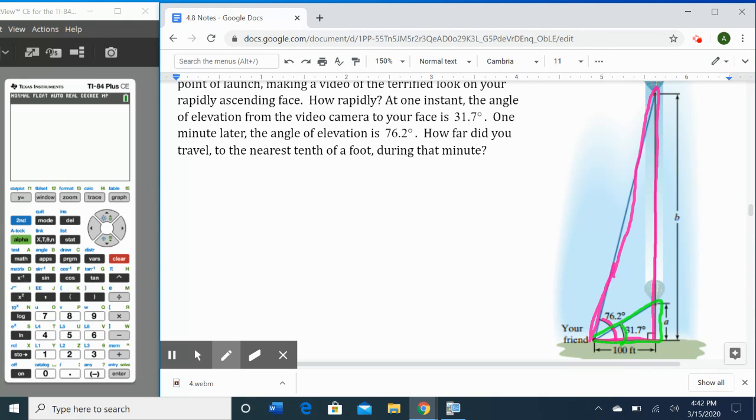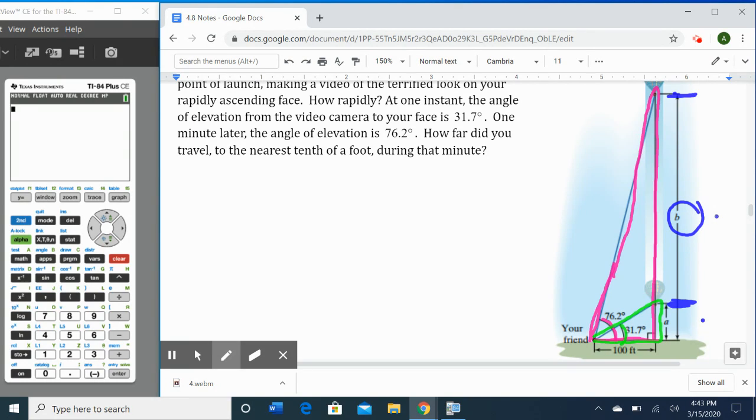And so my goal is to find B. B is the entire, let's see, how far did I travel in that minute? So B is not the entire thing. B is from here to here. So I want to know how far I traveled. Now, if you look, side B is not the side of the pink triangle. The entire thing A plus B is.